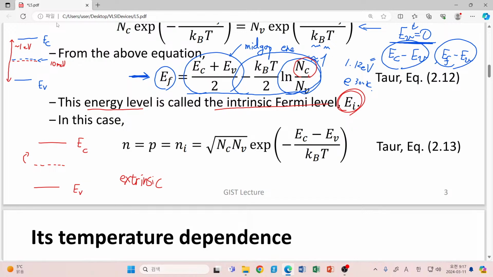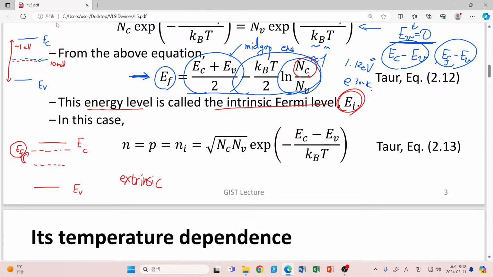So if we have an N-type material, then let's say, for example, this is the exact position of the Fermi level. Simply speaking, when you have a certain doping inside your device, the actual Fermi level can deviate from your intrinsic Fermi level. But we can imagine what will happen if it is really intrinsic.